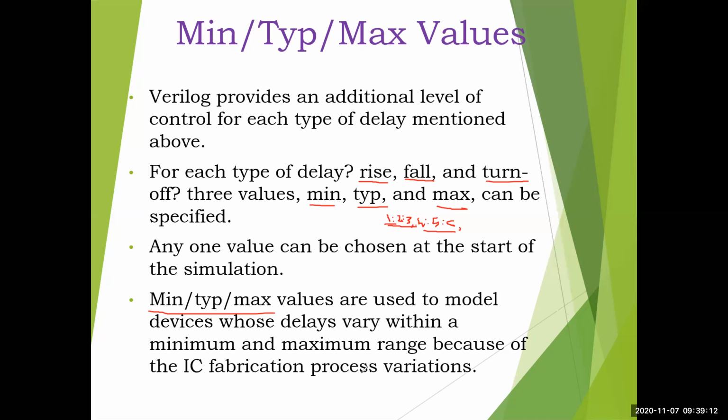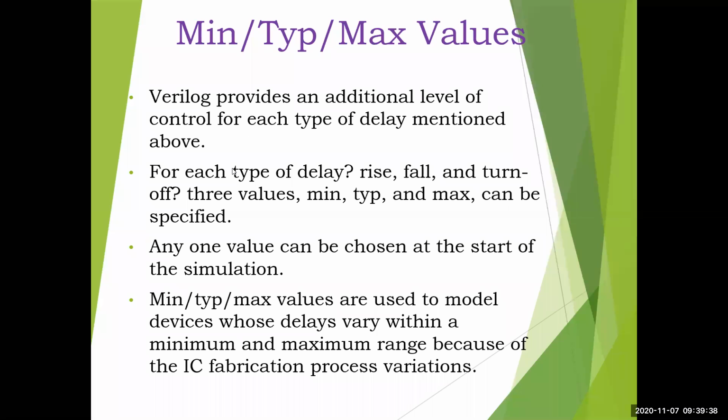Where we are using precision, like aeroplanes or space vehicles, satellites, we are minute with each second of delay there. That's why we need to consider that, then we will use these minimum, typical, and max values.